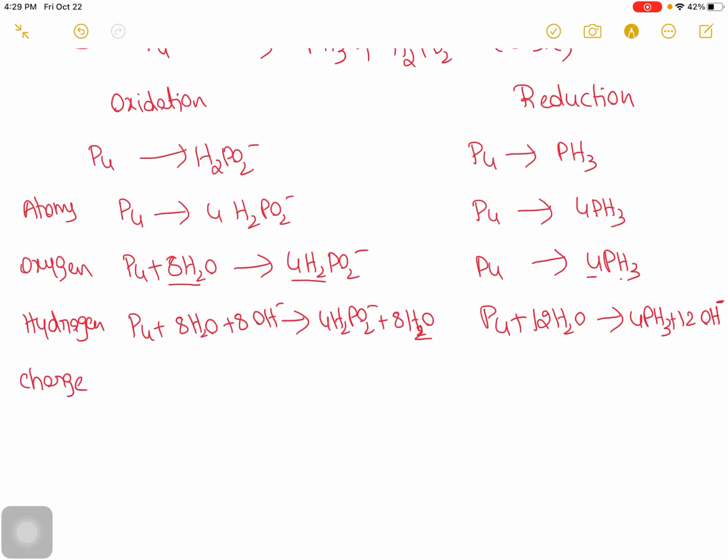Finally we have to balance the charge. P4 is neutral, no charge. 8H2O no charge. 8 OH minus charge is minus 8. 4 H2PO2 minus charge is minus 4. Among minus 8 and minus 4, the higher value is minus 4, so we have to add electrons on the minus 4 side.